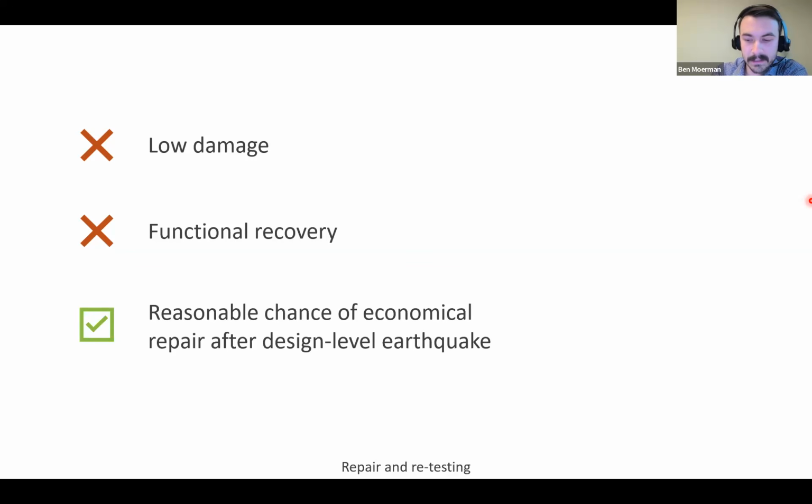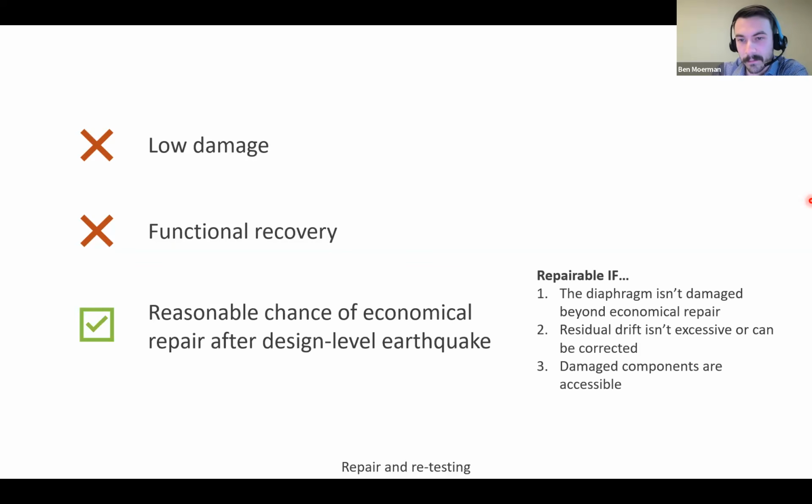What I will say is this system has a reasonable chance of economical repair after a design level earthquake, which makes me sound a bit like a lawyer, but I see this system as having a hope of repair, which maybe is a happy medium between not considering any kind of repair and base isolating everything.